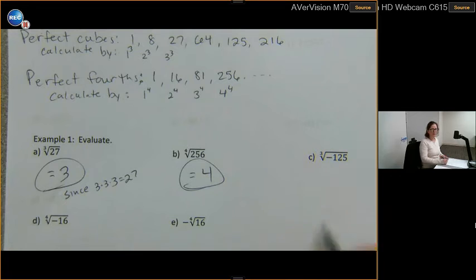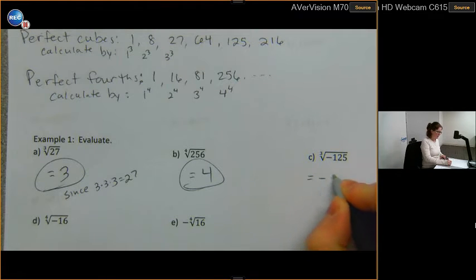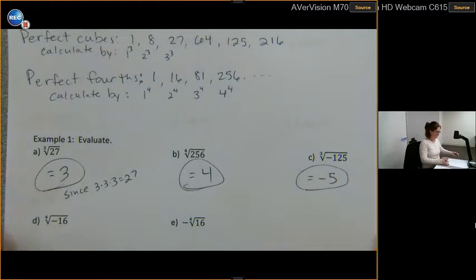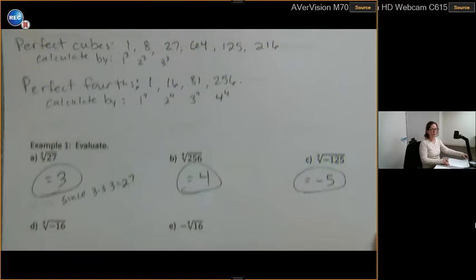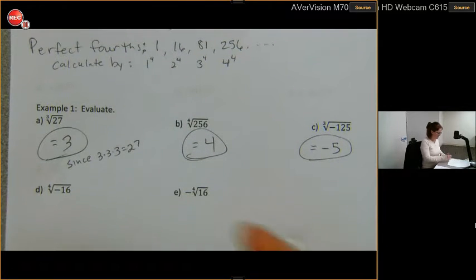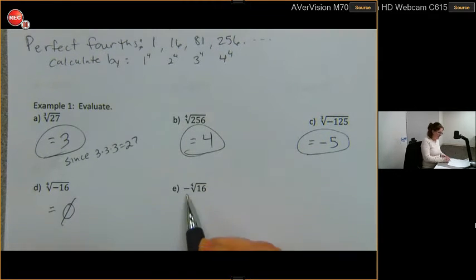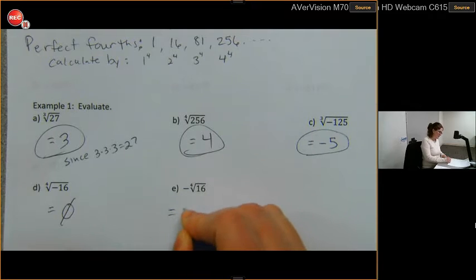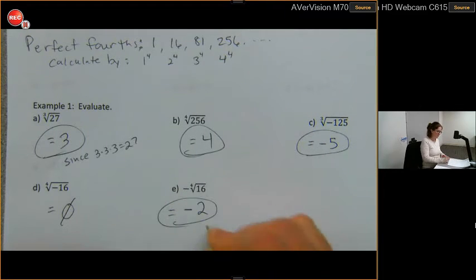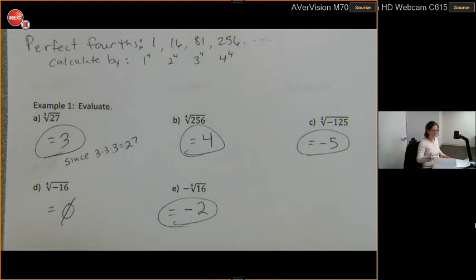The cube root of negative 125 is negative 5. The 4th root of negative 16 is no solution because I can't have a negative with an even index. I can put that negative in front, however, it just carries down into the front of my answer.